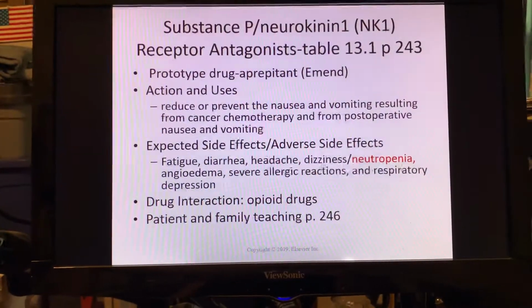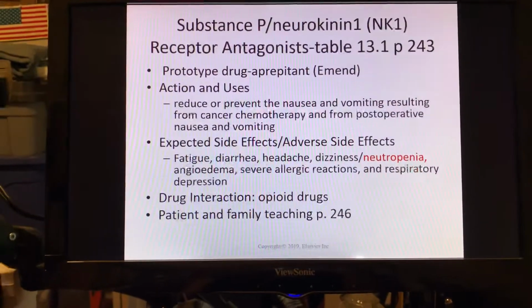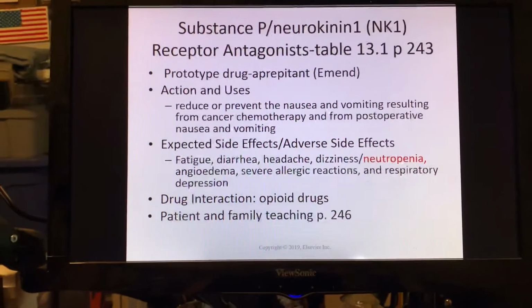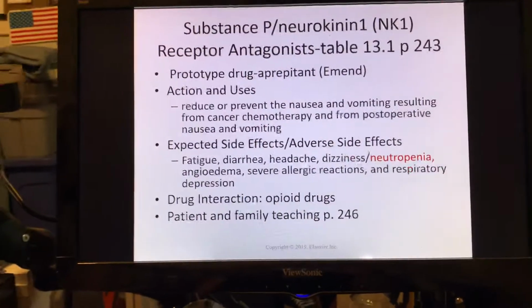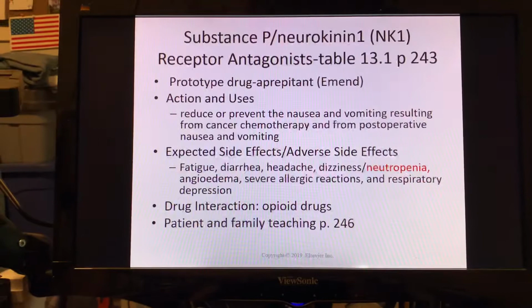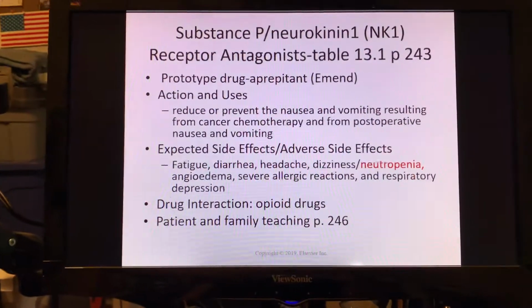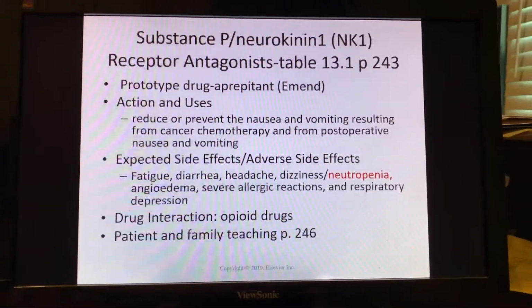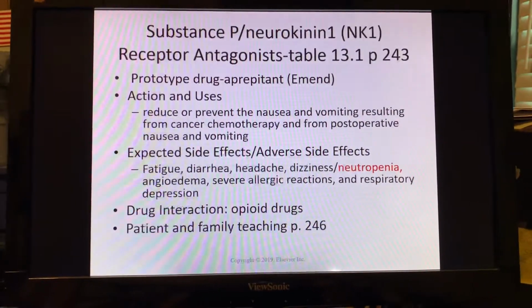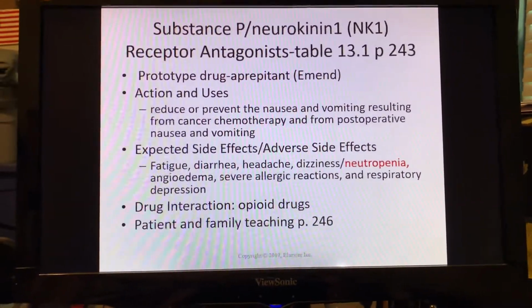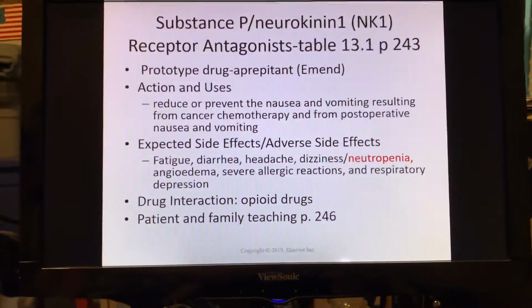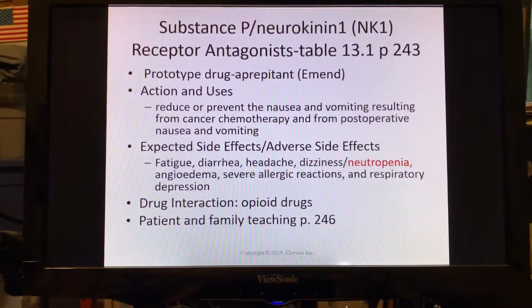Adverse side effects can be neutropenia. Notice this is in red. So you can lose some white blood cells from taking a lot of this particular type of drug. Angioedema, where the mouth and the throat structures can swell up. Very serious if you can't breathe. Severe allergic reactions, respiratory depression.